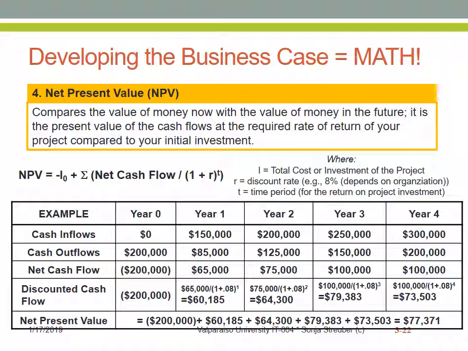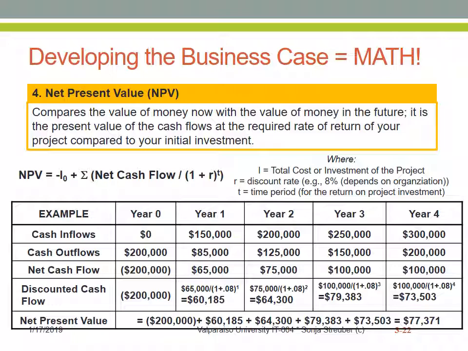So our net cash flow, again for year 2, is $200,000 minus $125,000, that's $75,000. Our net cash flow for year 3 is $250,000 minus $150,000, that is $100,000. And the same in year 4, $300,000 minus $200,000 is $100,000.